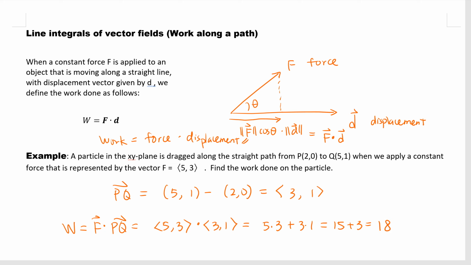I know sometimes this looks like abuse of notation. My bigger dot is the vector dot product, and my small dot is just multiplication of numbers. Is that okay?